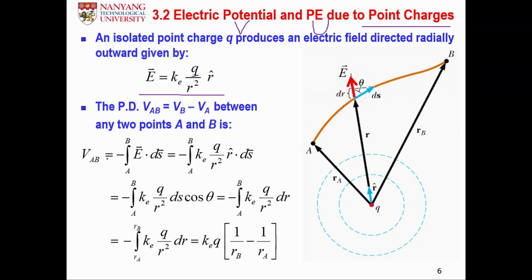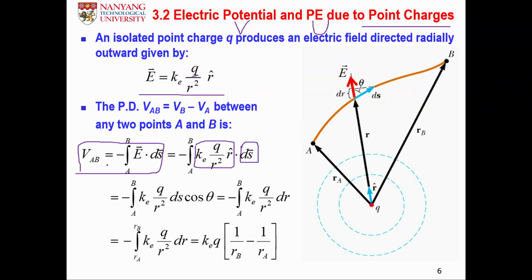From E to V, this is the formula. If we are talking about two specific points, you need to integrate the dot product of E and ds from A to B. In the following steps, there will be some geometric and mathematical conversion and also some integration.